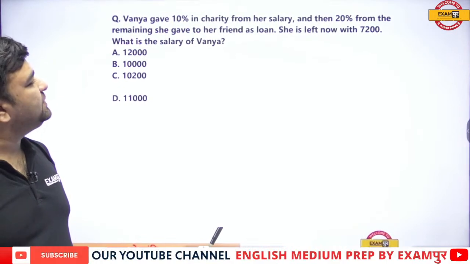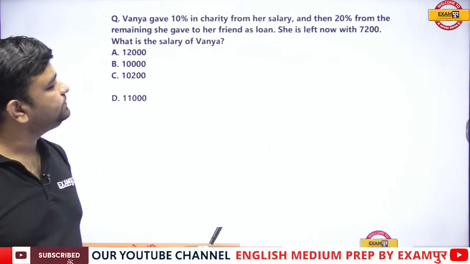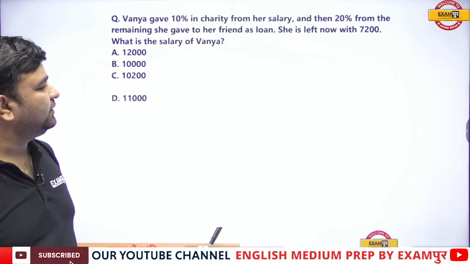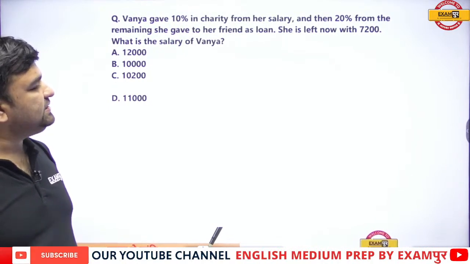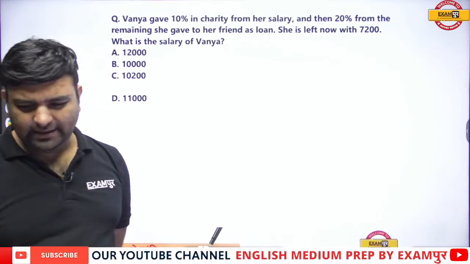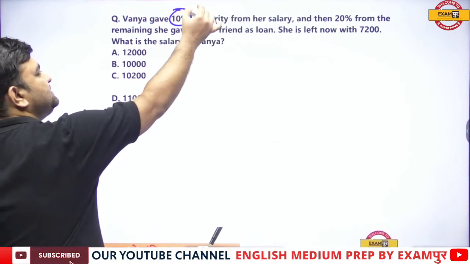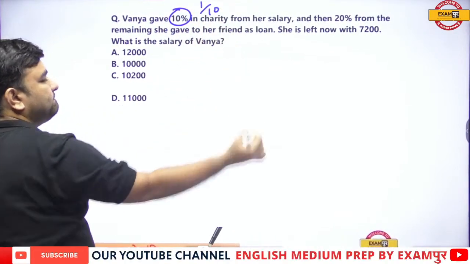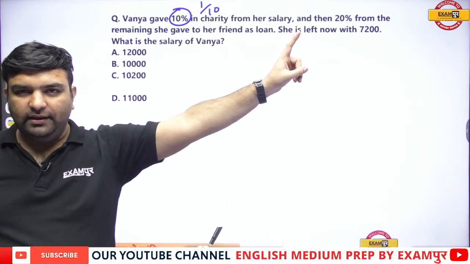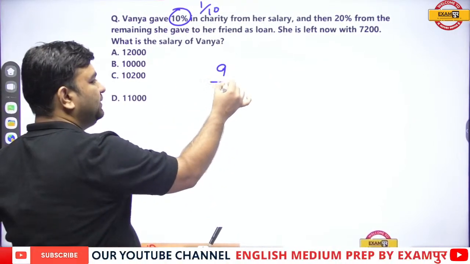Vanya gives 10% to charity from her salary. Then 20% from the remaining to her friend. She is now left with 7,200. What is the salary of Vanya? Easier. 10% charity means charity of 1 over 10. After giving 1 over 10, how much money is remaining? 9 by 10.